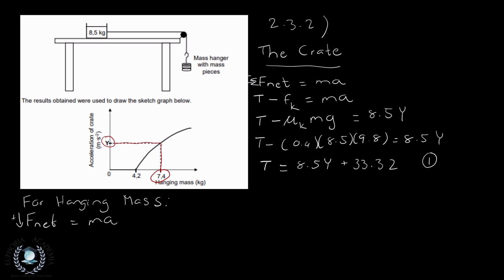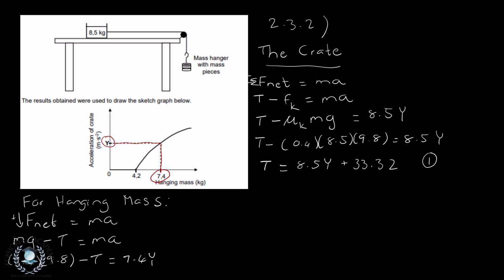So what are our forces? We have the force of gravity, mg, minus the force of tension, which is equal to our ma. So let us do some substitutions. Our mass in this case is 7.4, multiplied by 9.8, subtracting our T, equal to 7.4 and our acceleration is y.